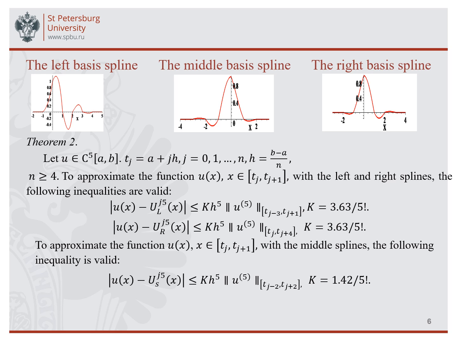And here we can see the theorem that gives us the errors of approximation of the function u on the interval tj, tj plus 1 with the left, the right, and the middle basis splines. All these splines we apply for approximation on the finite interval AB.